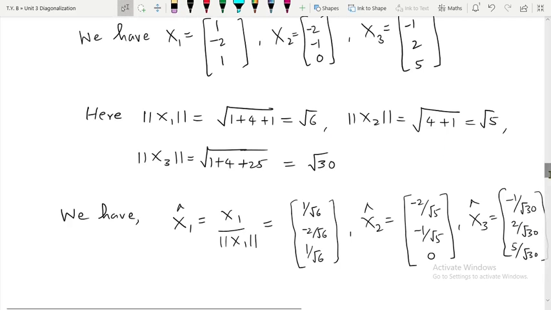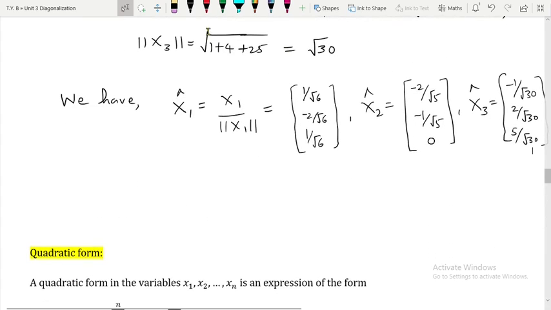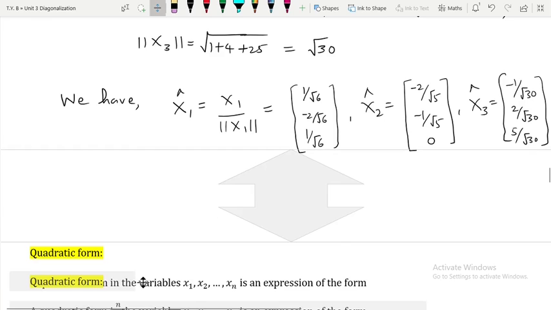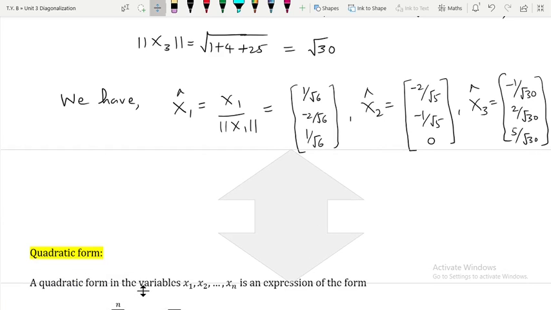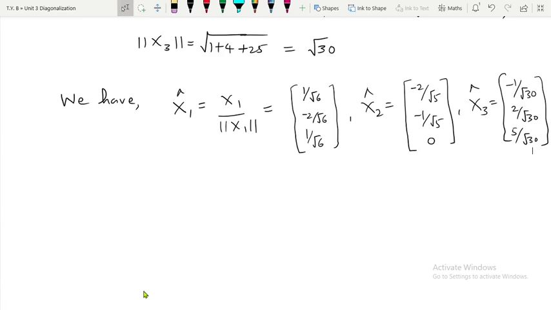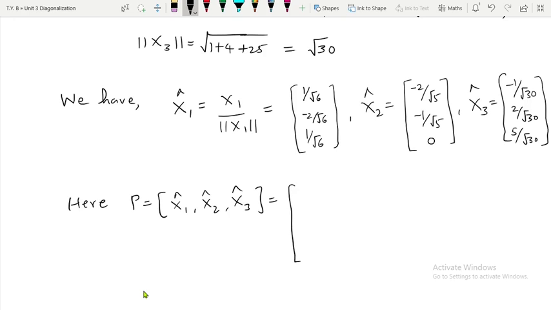Okay, so what is your orthogonal matrix over here which satisfies the property P inverse AP is equal to a diagonal matrix? Just a minute. So here I will say P is equal to x1 cap, x2 cap, x3 cap, which is equal to: 1 upon root 6, minus 2 upon root 6, 1 upon root 6.